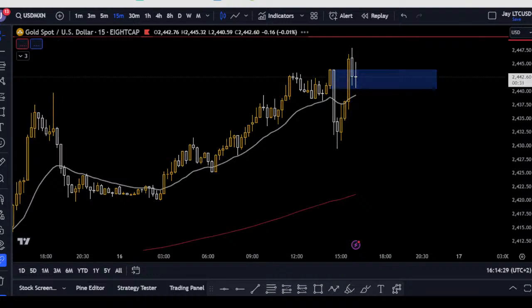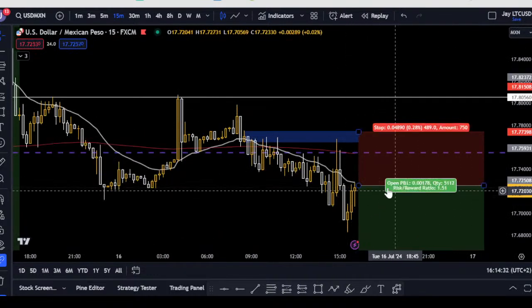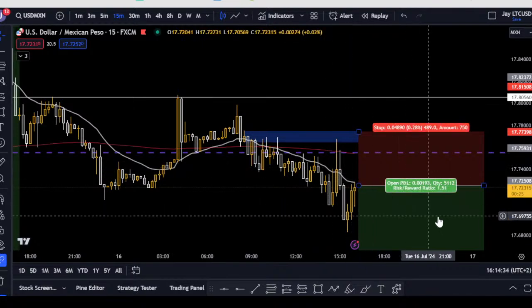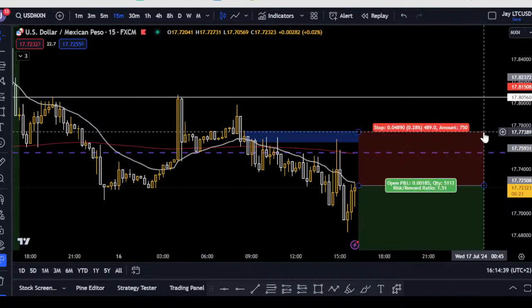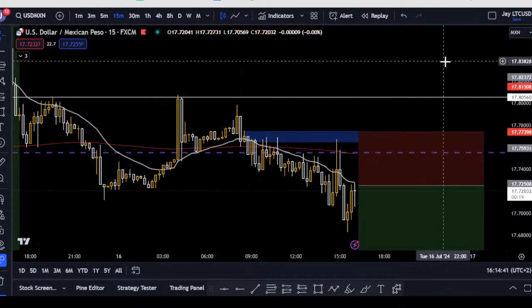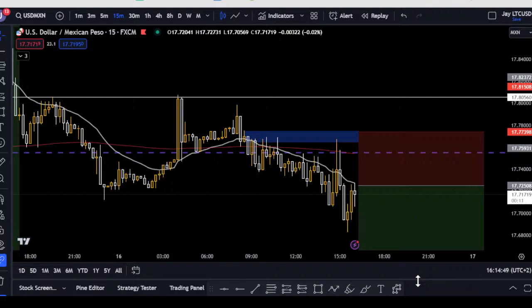Our peso trade, on the other hand, is not behaving well. Let's hope it respects the EMA. Yeah, that one is back at break even. Let's hope it respects the EMA and pushes down. Should do, actually. Everything is aligned for it to push down.